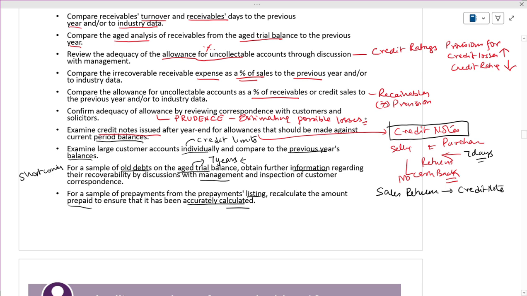We have to look into that: at the end of the day, how much they have prepaid, how much they have paid in advance. So that it will affect the settlement of amounts. The prepayments will have effect on settlements.